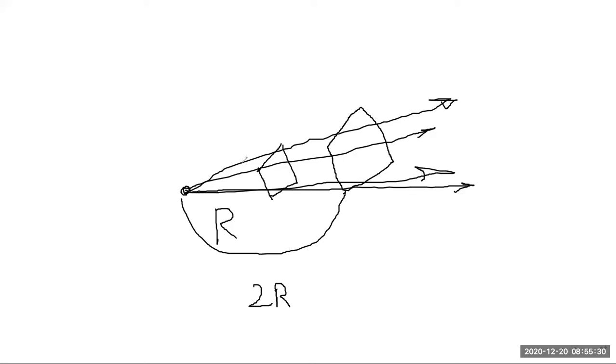And the same lines are crossing this square and that square. But this square is 4 times bigger, right? So this equals to that. Agree? That's simple math, right?